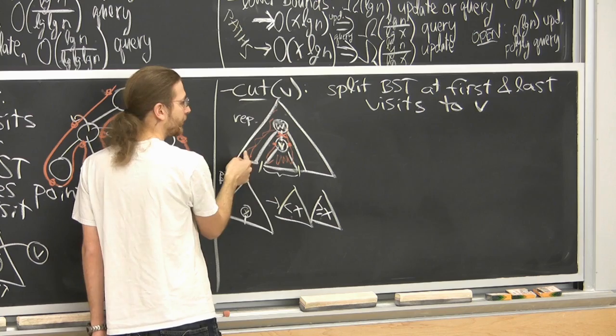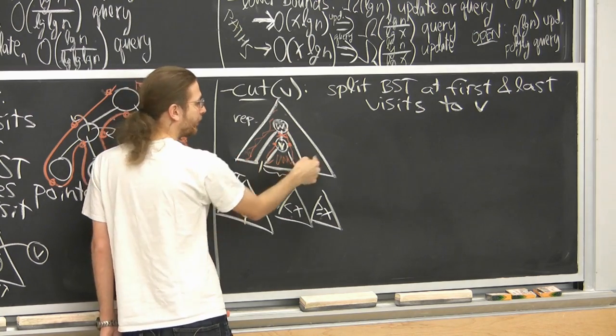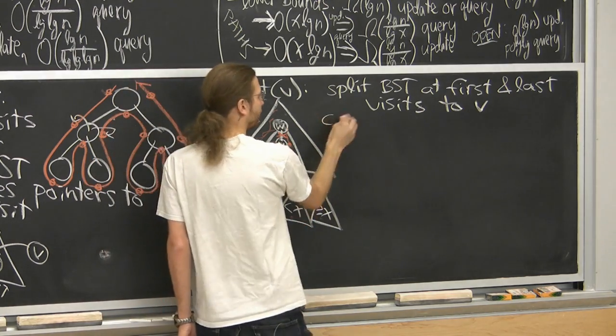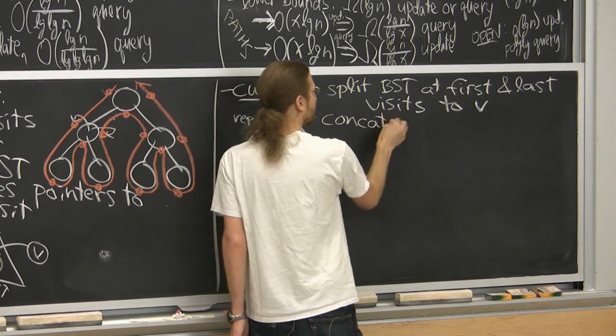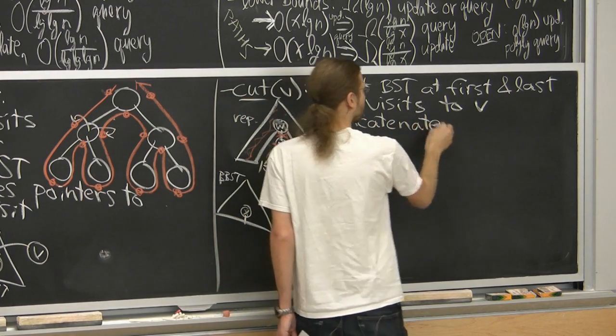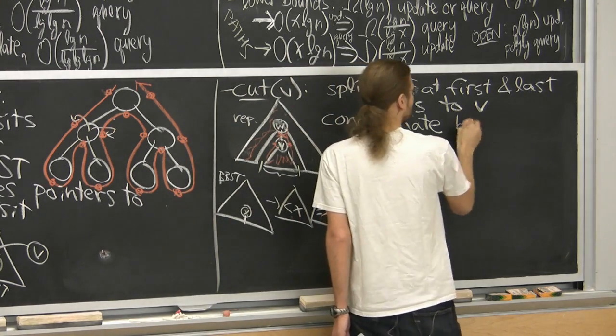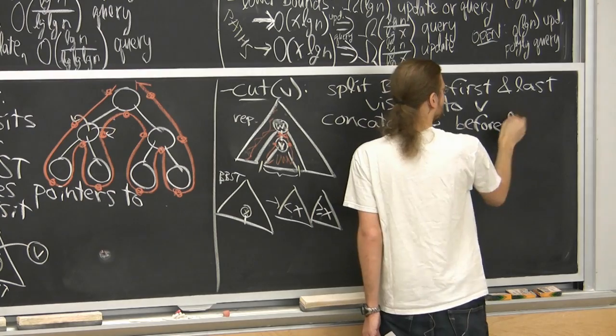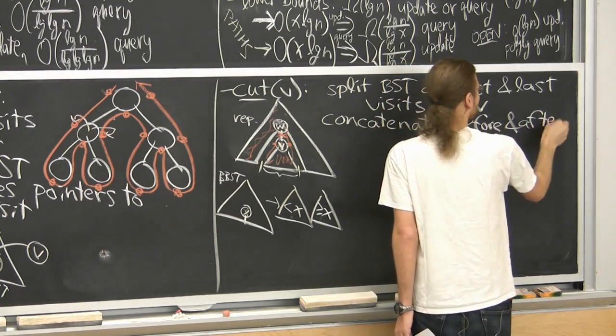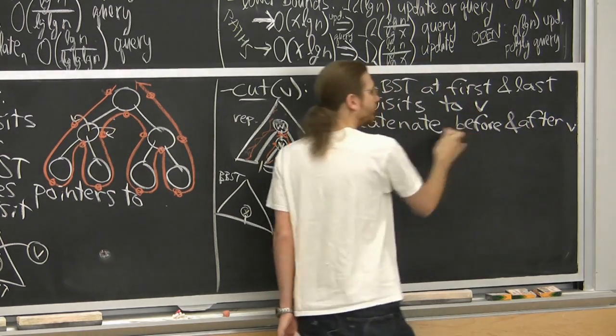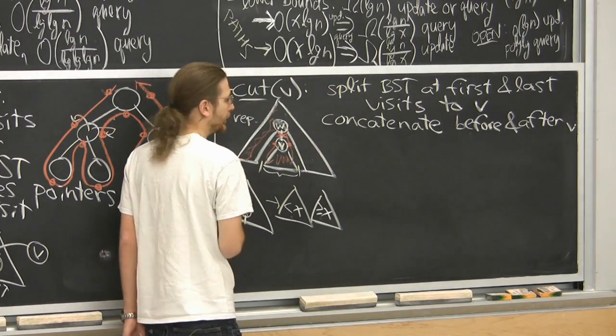There's the part to the left of v, the part before we visited v, and the part after we visited v. Those we just have to stick back together, so we concatenate them. I'll call them the before v tree and the after v tree.